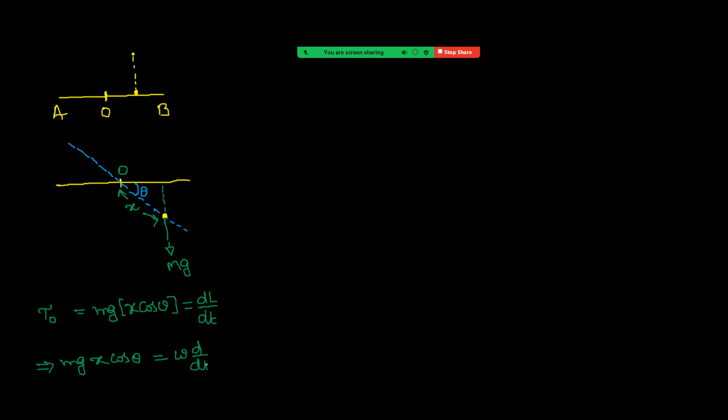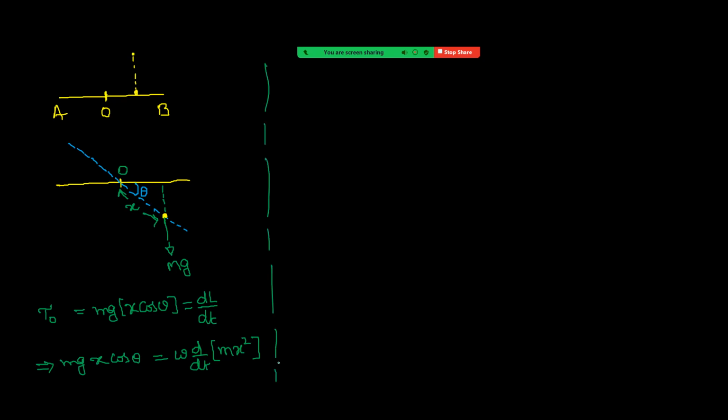What is the I value? The moment of inertia about point O is m x squared, because the distance is x from the axis of rotation.